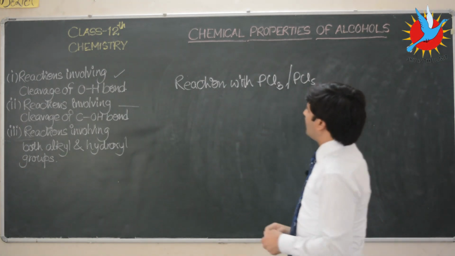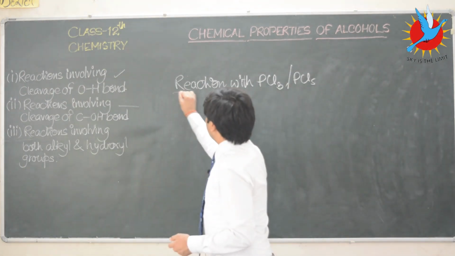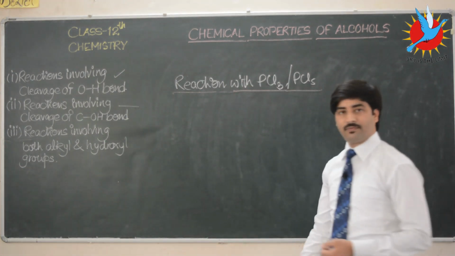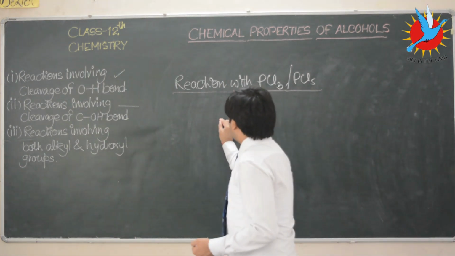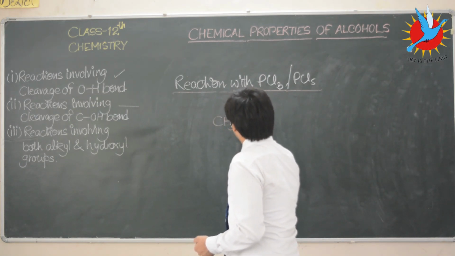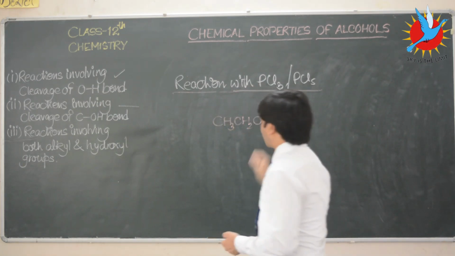So now we are going to learn about reaction of alcohols with PCl3 or PCl5. This is alcohol, CH3CH2OH, a type of alcohol.